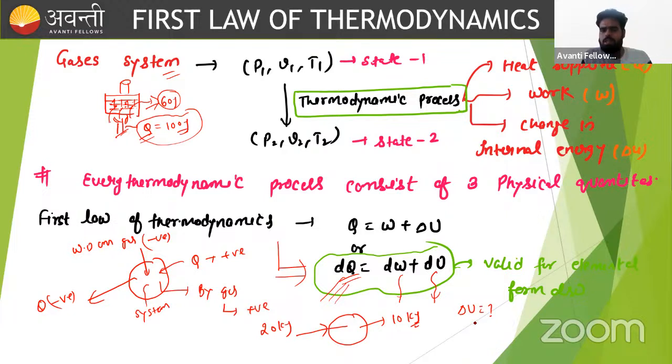It is given in the problem that 20 kilojoule heat is supplied to the system and 10 kilojoule work is done by the gas. Very good. We just put these values in this basic formula, and that is again a game-changing formula for thermodynamics. The whole of thermodynamics is concentrated around this formula.